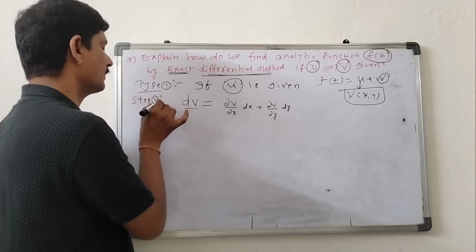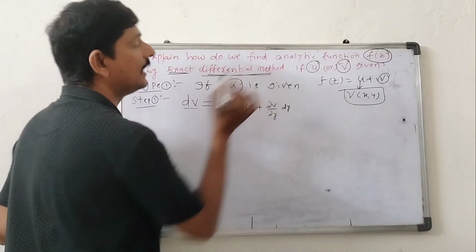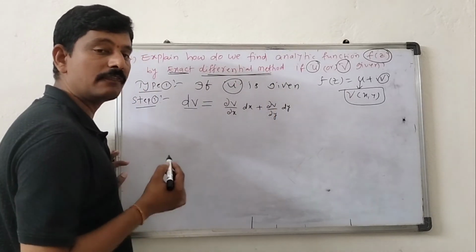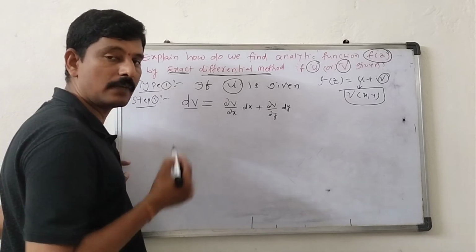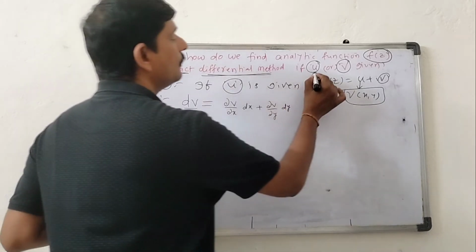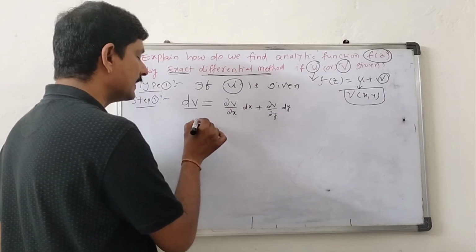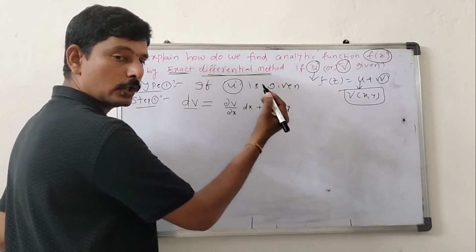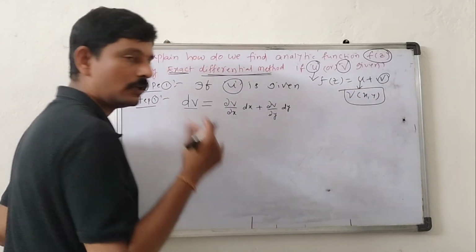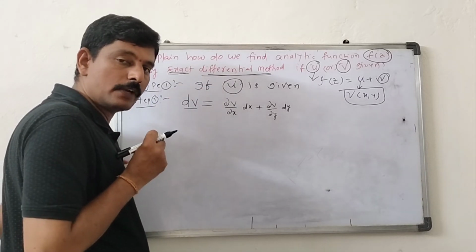Step number 2 is we have to use the analytic function. If f of z is an analytic function, it should satisfy the Cauchy-Riemann conditions. Already u is given to us, so we can find dou u by dou x and dou u by dou y.